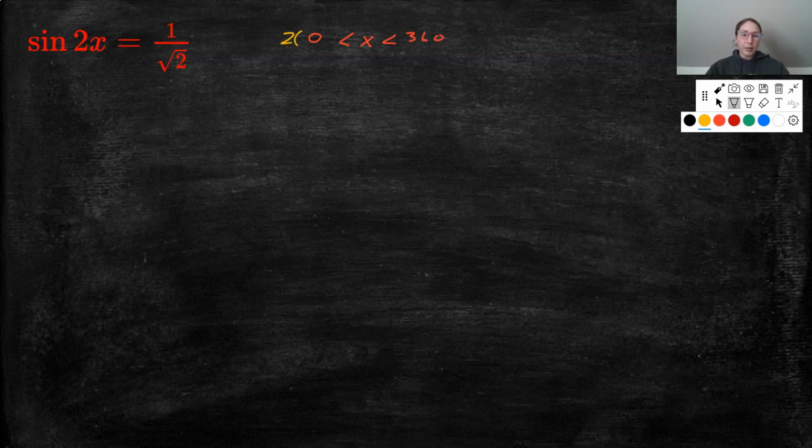And so to do that, we're going to multiply everybody by 2. So 2x lives between 0 and 720. Okay, so what we're going to do is find all available angles between 0 and 720.